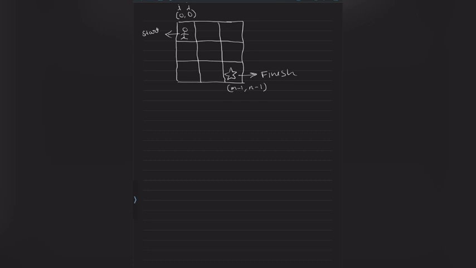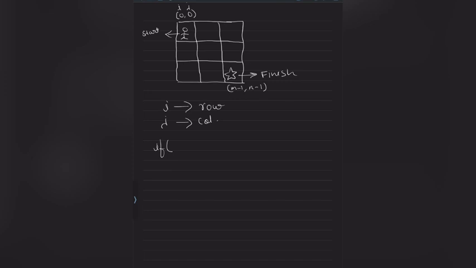So in recursion there is always a base condition. Suppose this is the position of the row, that is i, and j is the position of the column. So let's make the base condition here.